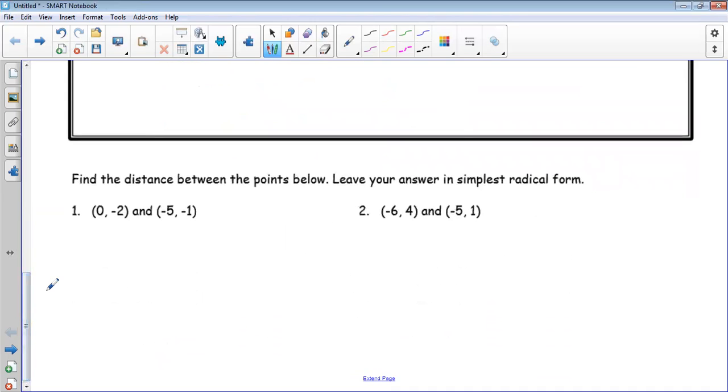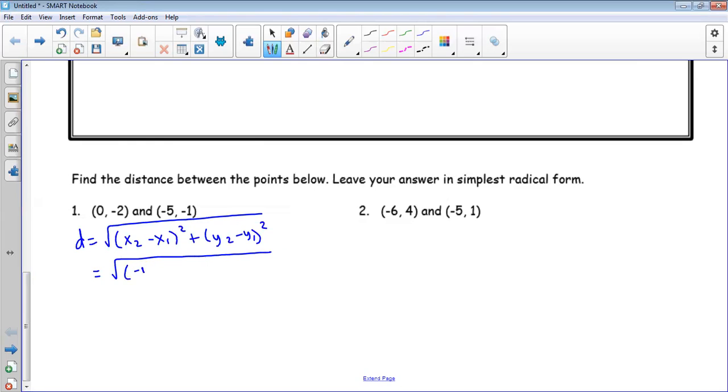Find the distance between the points below. Leave your answer in simplest radical form. So D is equal to the square root of x2 minus x1 squared plus y2 minus y1 squared. The square root of -5 minus 0 squared plus -1 minus -2 squared.